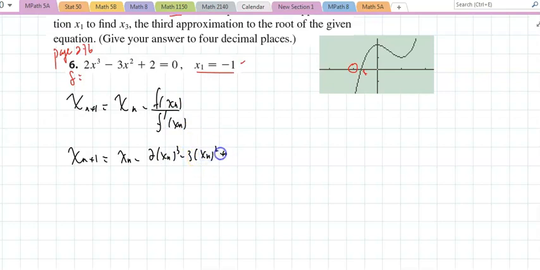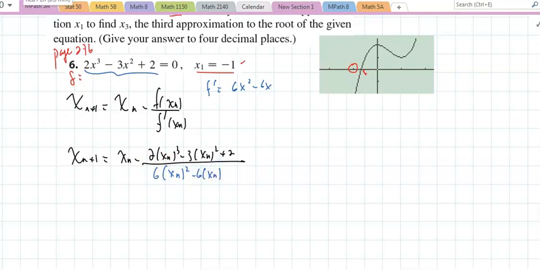x sub n squared plus 2, divided by, what would be the derivative of this? The derivative of this will be 6x squared minus 6x, if I'm not mistaken. So that's 6 times x sub n squared minus 6 times x sub n.